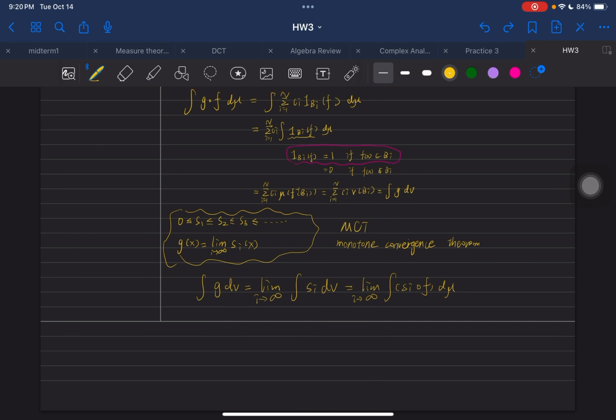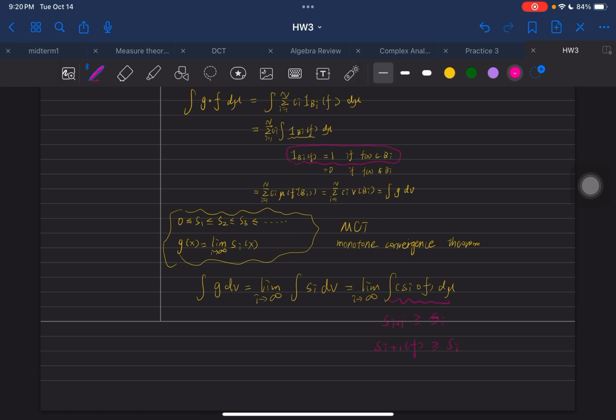And as those functions are also increasing, because s_{i+1} is greater than s_i, so s_{i+1} composite with f would be greater than s_i composite with f.